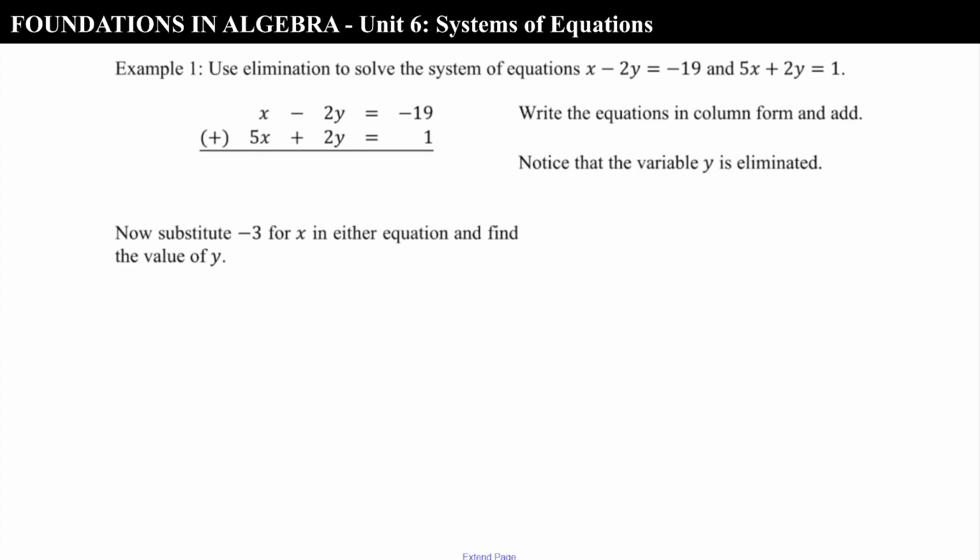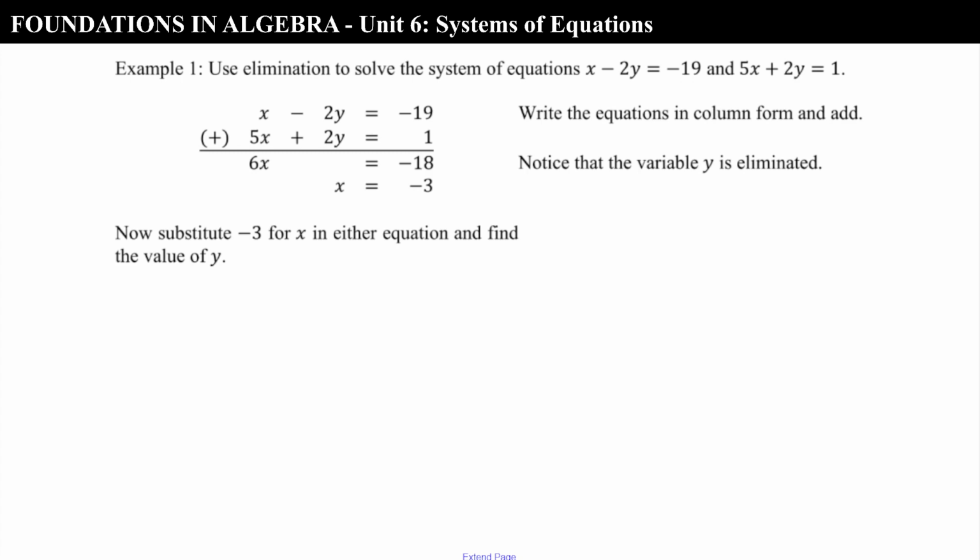So what we're left with is x plus 5x, which is 6x. Our y terms eliminate, and then negative 19 plus 1 gives us negative 18. So notice here that the y is eliminated when we do this. And then all that's left to do is divide each side by 6, which gives us x equals negative 3.